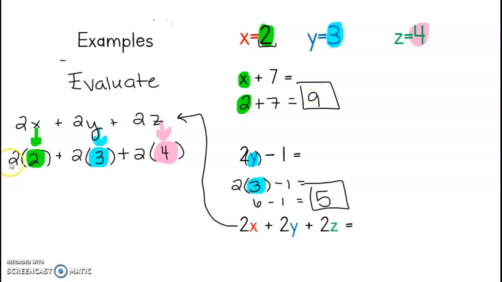So according to order of operations, we got to do all of the multiplication or division first. So I'm going to do this one. 2 times 2 is 4. Just one step at a time. So I still have multiplication or division, so I'm going to work from left to right. This is 6.